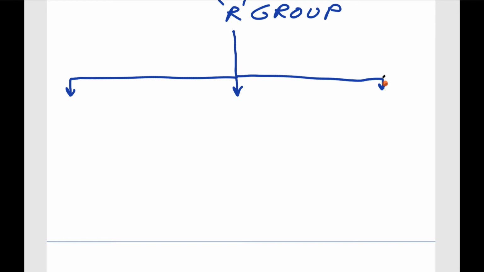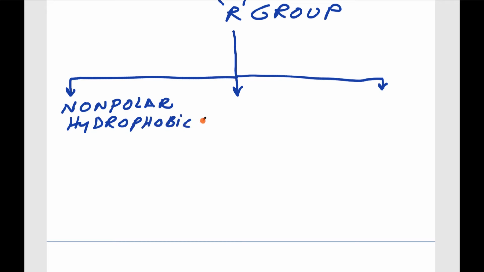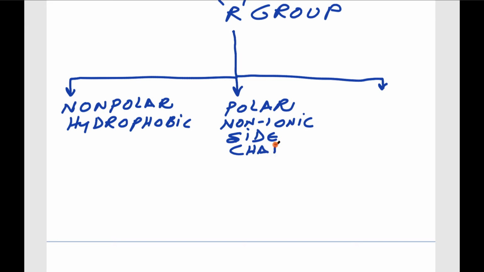The first one is non-polar. Non-polar, it is hydrophobic. The next one is polar, but it is non-ionic, no charges. Non-ionic side chains. In the first case, it is non-polar side chains.